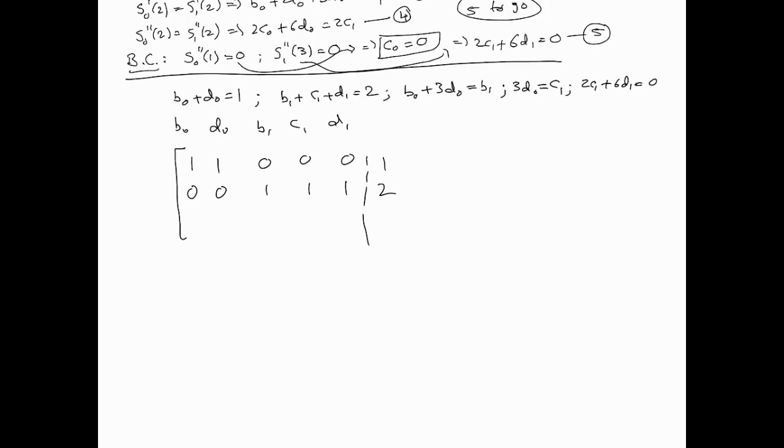And then the third equation will be 1, 3, B0, D0, and minus B1, so minus 1, 0, 0, 0. This will be 3D0 minus C1, so 0, 3, and the last one will be, excuse me, sorry.